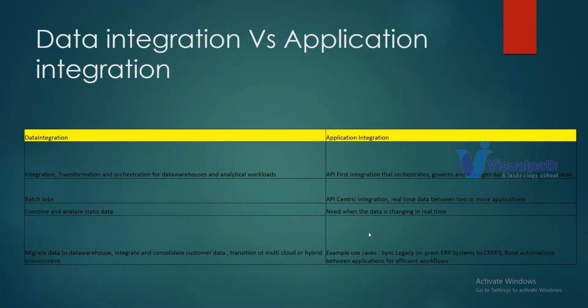Application integration is more on API, where you perform an API execution. What is an API? It is an application programming interface. Data integration is more on batch jobs, and application integration is more on real-time data between two or more applications.